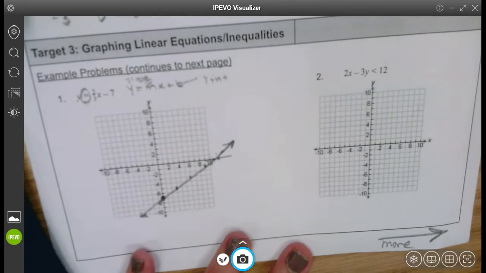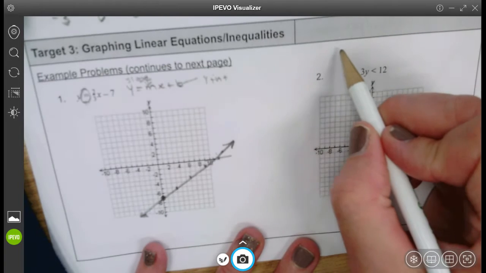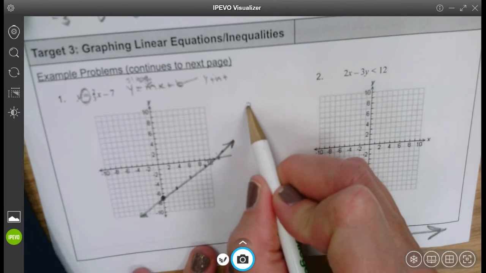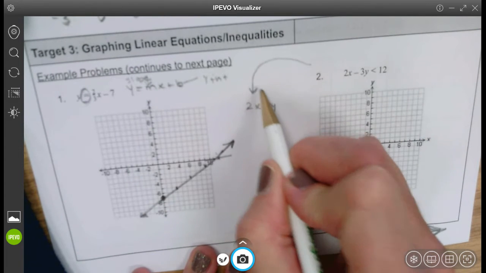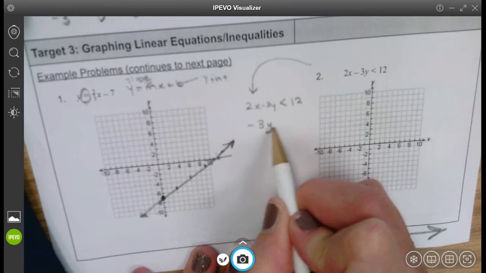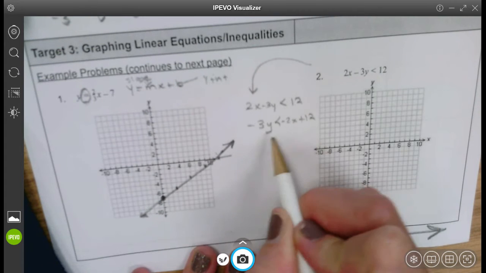For the next one, we're a little out of order for slope-intercept, so we've got to rearrange it. So I'm going to, off to the side here, rewrite and rearrange, okay? So I'm just coming over here and changing. I'm going to keep this here, move my 2x over, keep my 12.